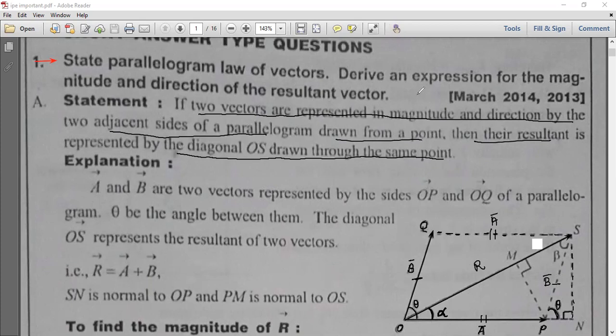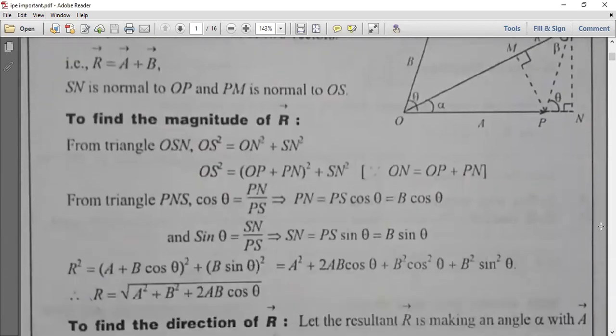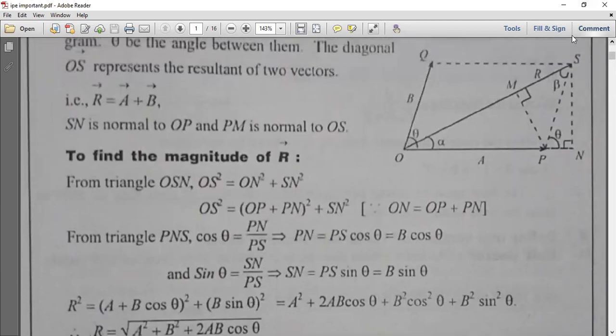Let's do the geometry part now. Let's consider this triangle OSN. This is a right angle triangle, and this angle N is right angle here.